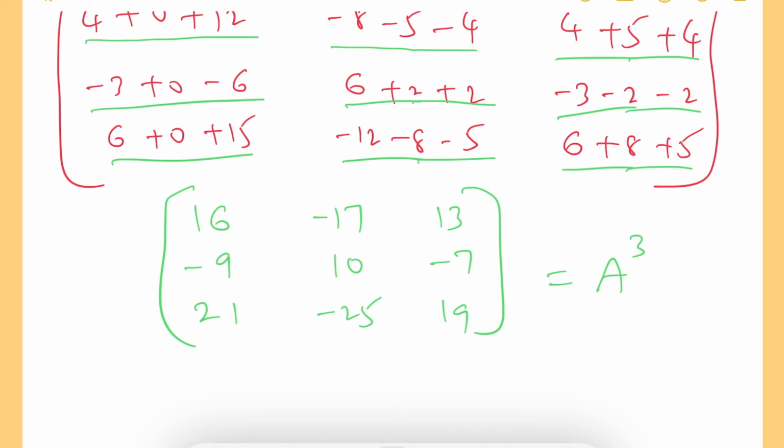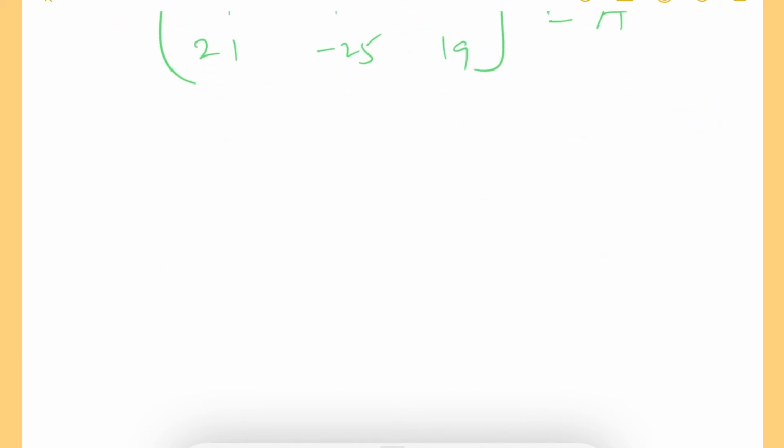Okay, now if we observe the question again clearly, he is asking us to find the value of A cube minus 3A square minus A minus 3I. The A cube value is there with us, the 3A square value is also there, the A value is there, and the I value we know, that is 1 0 0, 0 1 0, 0 0 1, the unit matrix.